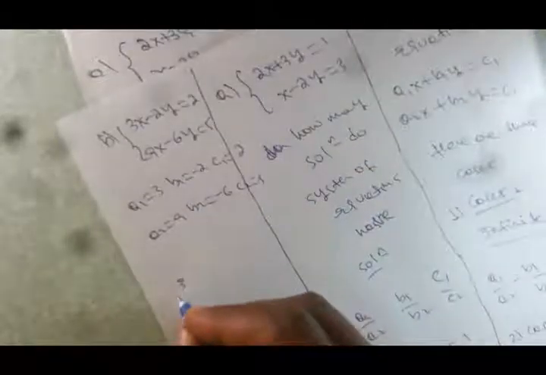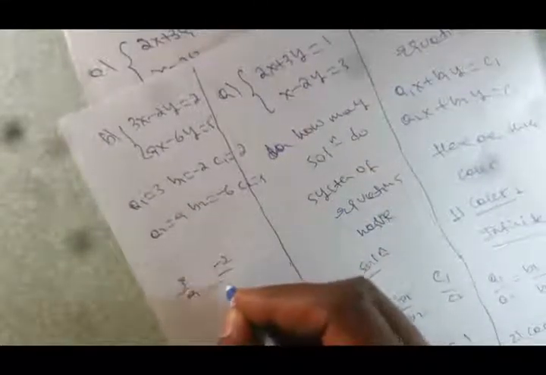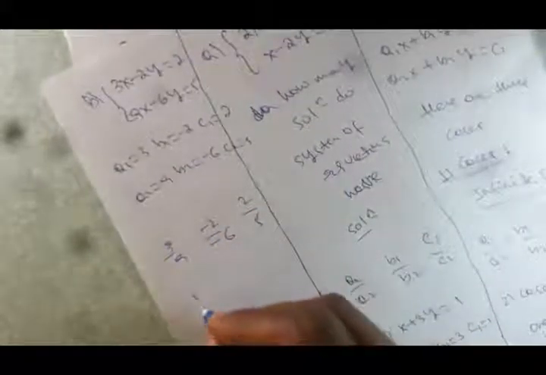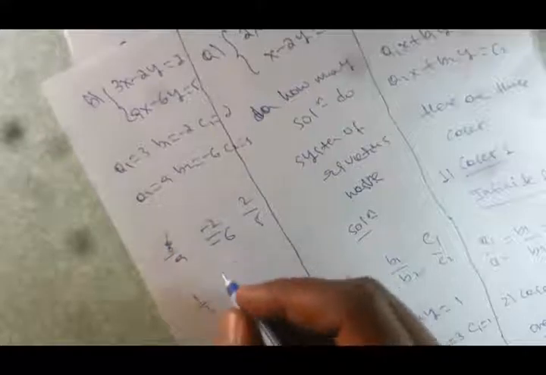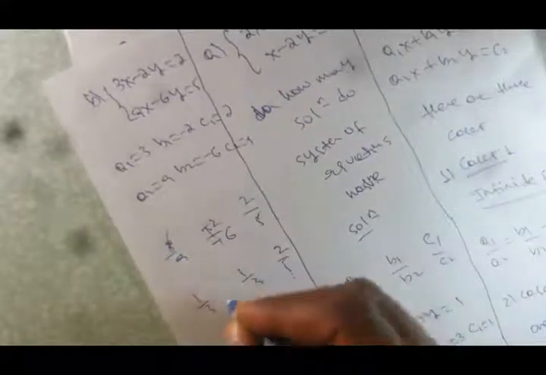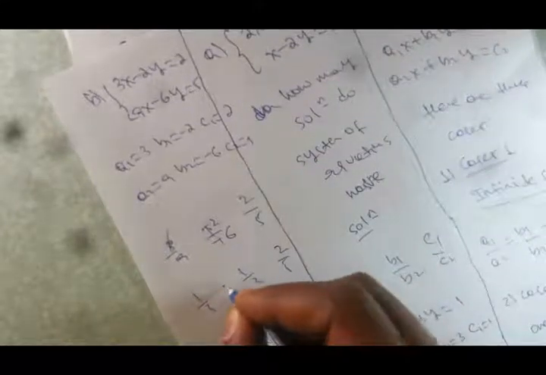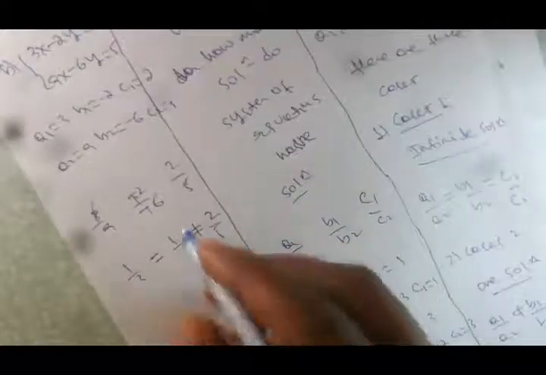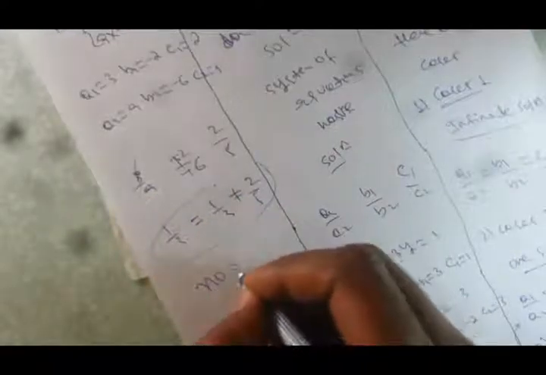So 3 divided by 9, minus 2 divided by minus 6, 2 divided by 5. This is 1 over 3, 1 over 3, and 2 over 5. Since 1 over 3 equals 1 over 3, and 1 over 3 is different from 2 over 5, we know from case 3, when a1 over a2 equals b1 over b2 which is different from c1 over c2, it has no solution.